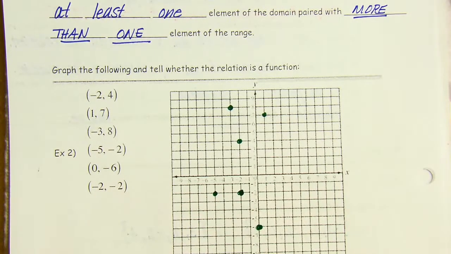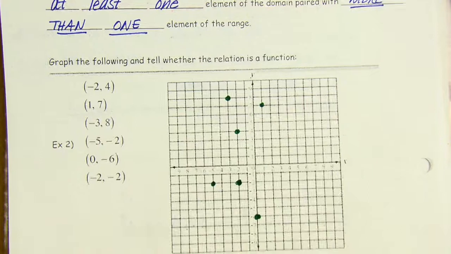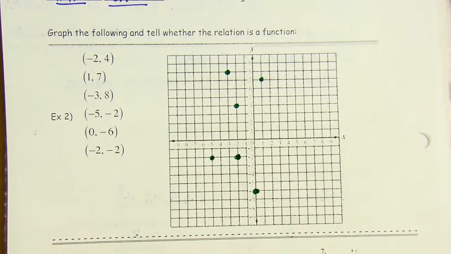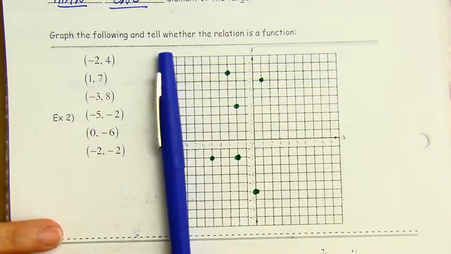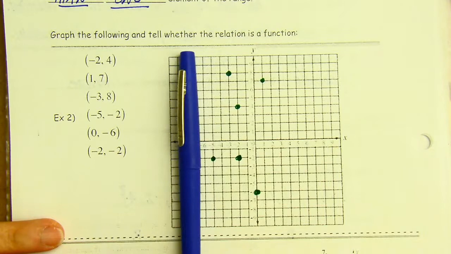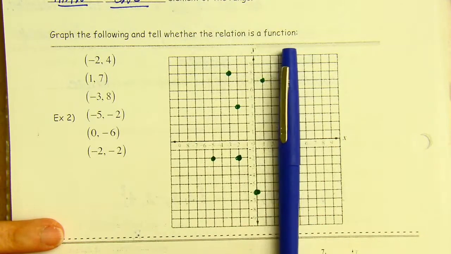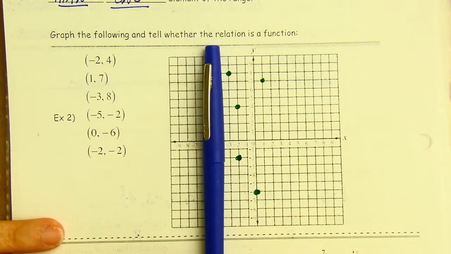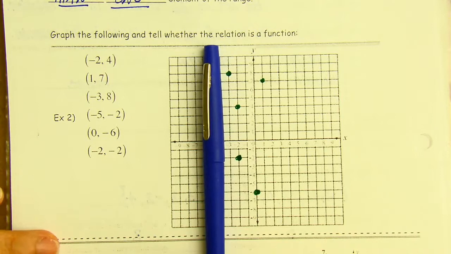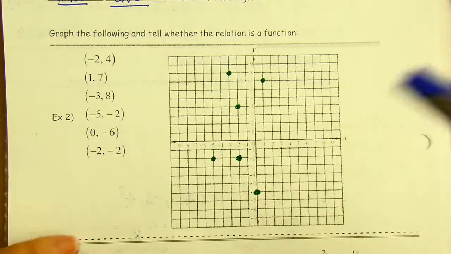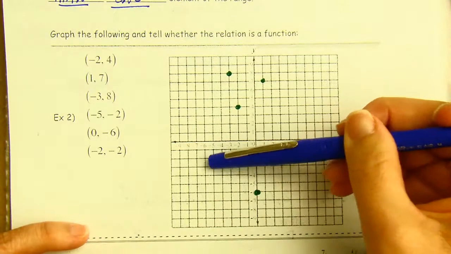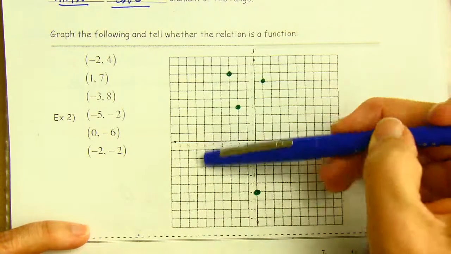Now, if I were to look at my graph to determine if this relation is a function, I have to use the vertical line test. So it's like I take this vertical line and I pass it through the graph. If any two of these ordered pairs would be on this same line, then it's not a function. I could look here at this point and pretend that I'm drawing a vertical line.